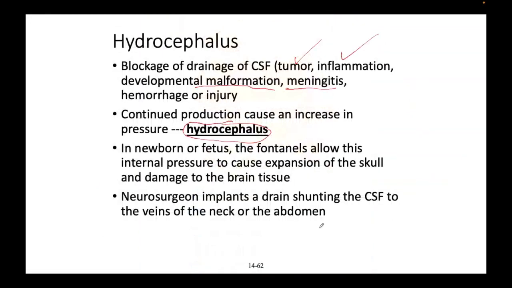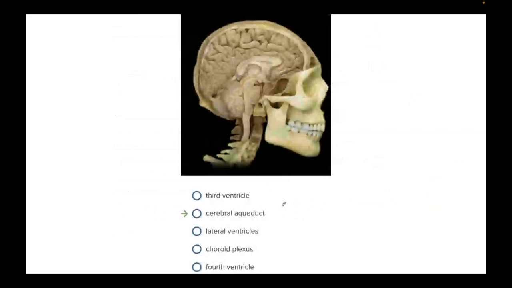So you start to get this condition called hydrocephalus, where the pressure just builds up way too much. But then they create this drainage shunt to get the fluid out of the brain. These neurosurgeons implant this drainage shunt, shunting the cerebral spinal fluid to the veins of the neck or to the abdomen to get that out of there.